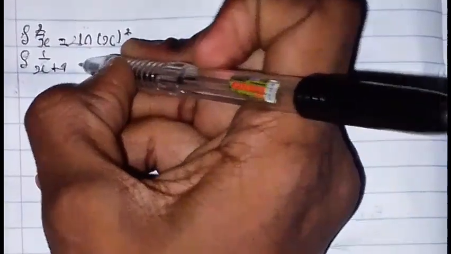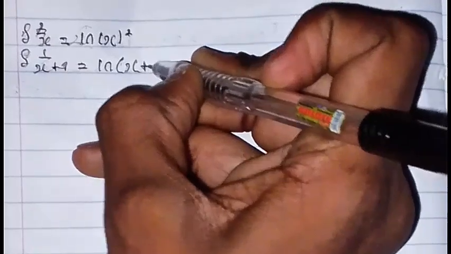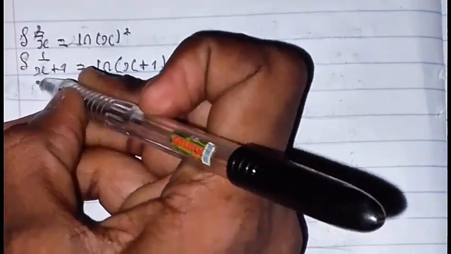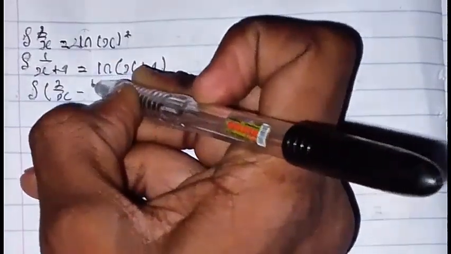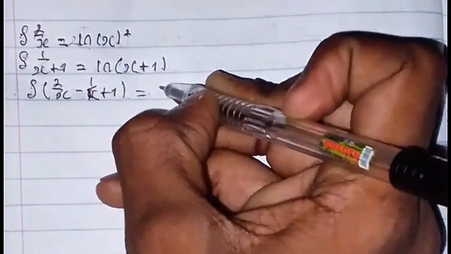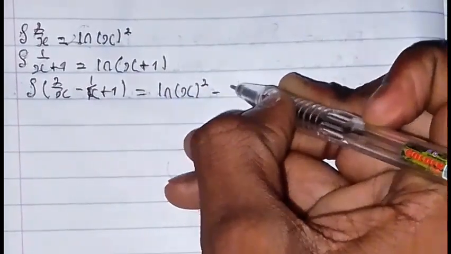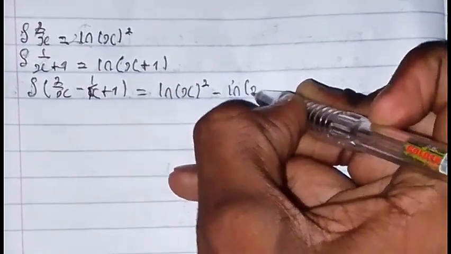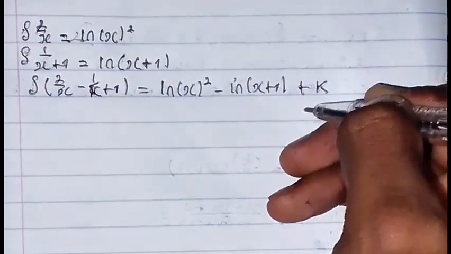Then as for the other function, 1 over x plus 1, this simply becomes the natural logarithm of x plus 1. So combining both of them, our function 2 over x minus 1 over x plus 1 will be equal to ln x squared minus ln of x plus 1. As usual, we add our constant k. So this is our final answer.